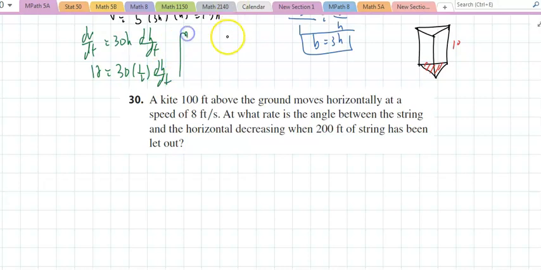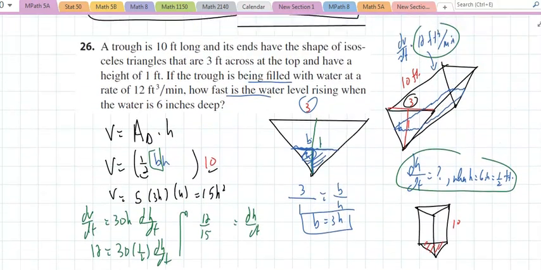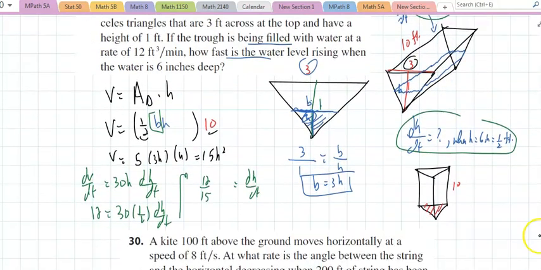And I could easily say dh dt would be 12 over 15. You could reduce that. What are the units? The water level is measured by feet every 1 minute. So at that instant, that's how fast the water is rising.